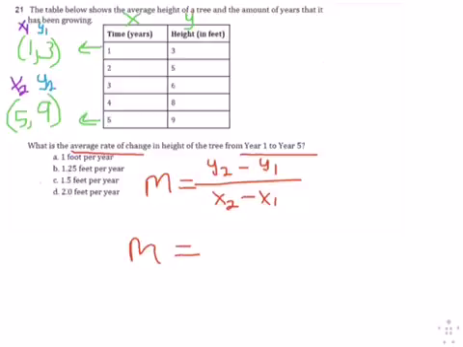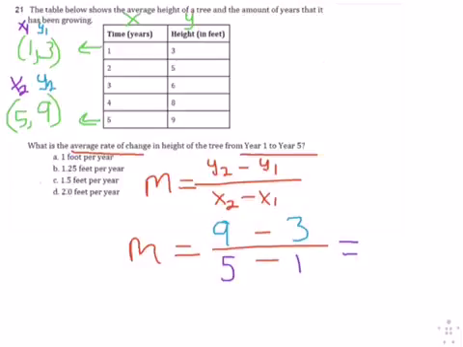So our slope equals y2, which is 9, minus our y1, which is 3, divided by our x2, which is 5, minus our x1, which is 1. Now all we have to do is just do our math.